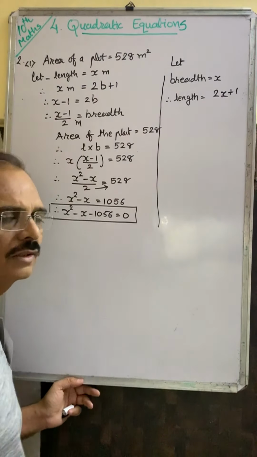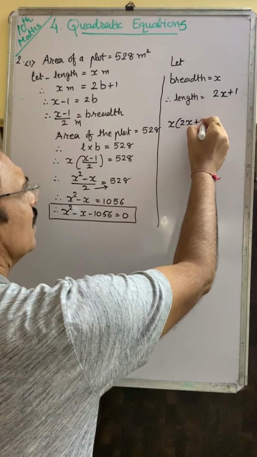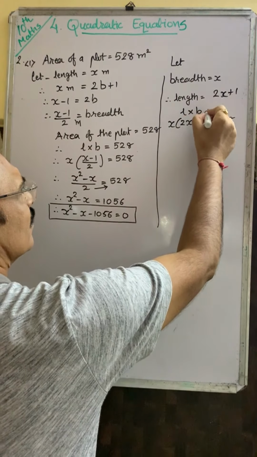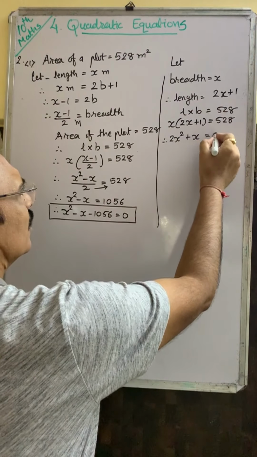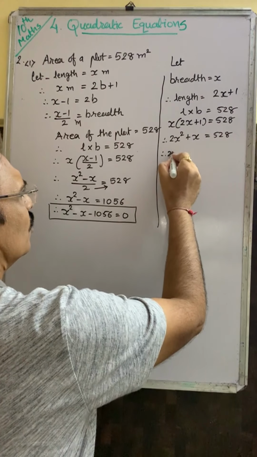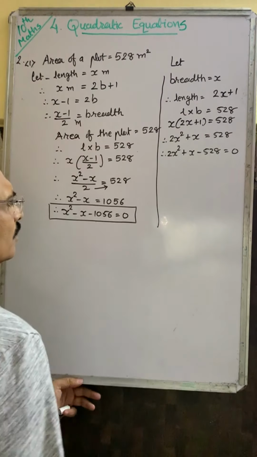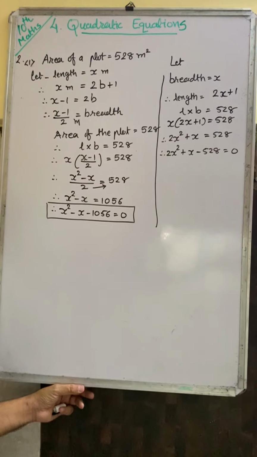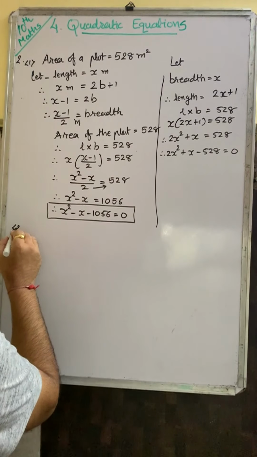So length is 2x plus 1, and x into 2x plus 1, product of length into breadth, is the area 528. So 2x square plus x equals to 528. So 2x square plus x minus 528 equals to 0. Okay. So both are right. If you double it, you will get the same one. Now see, question number 2.